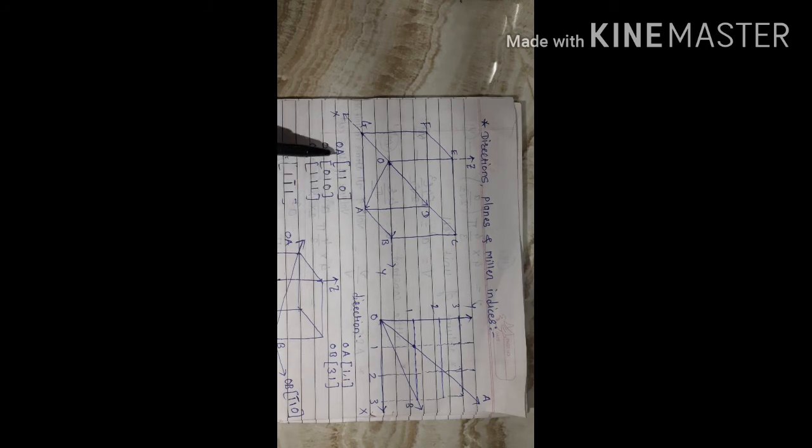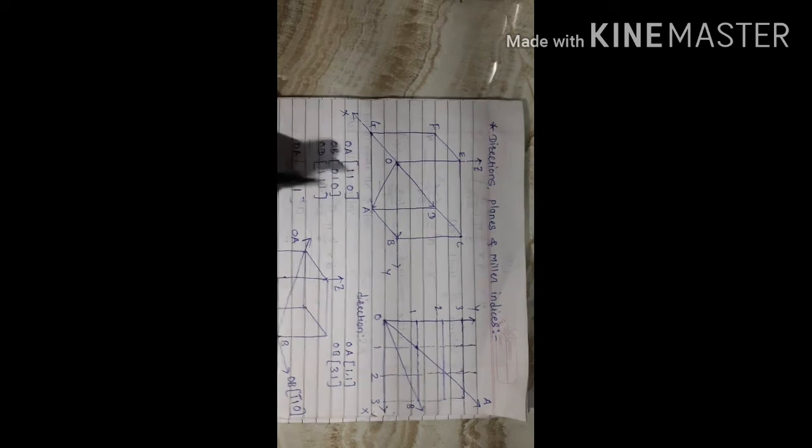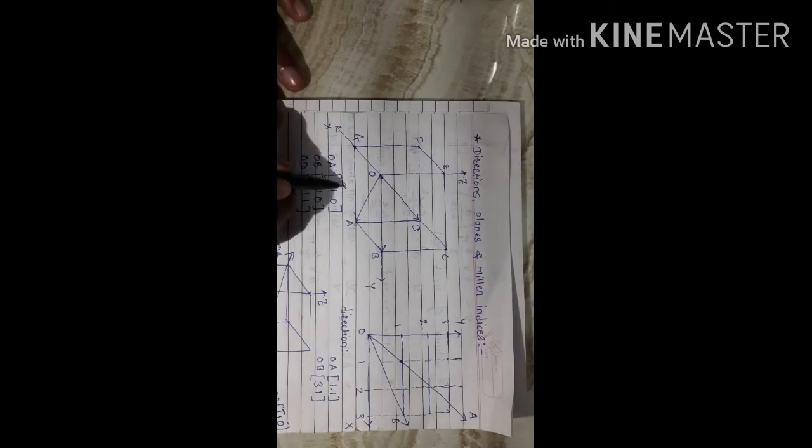This is OA, and the direction is written in a square bracket, that is [110]. Here 110 means x, y and z, that is the x position, y position, z position.